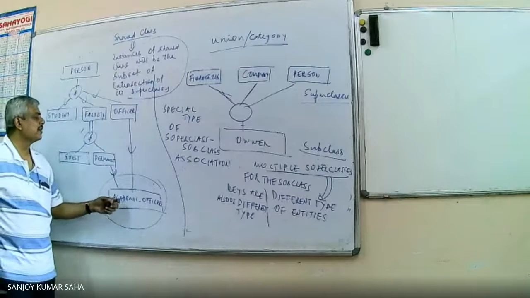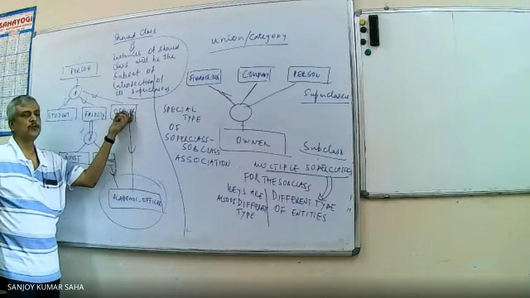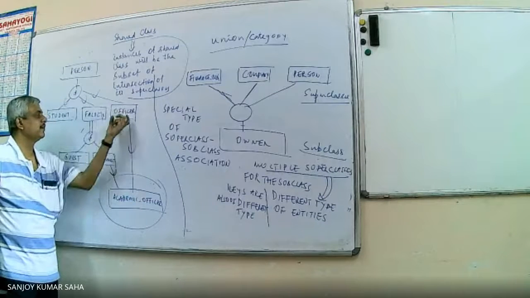Because academic officer will belong to the permanent faculty, and it will also belong to the officer, so we have the intersection of these two.